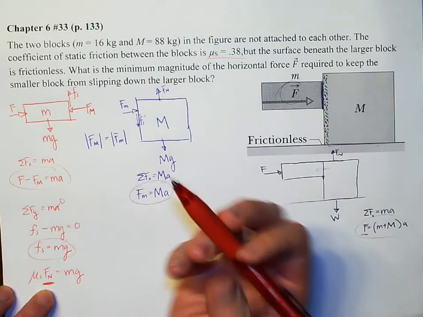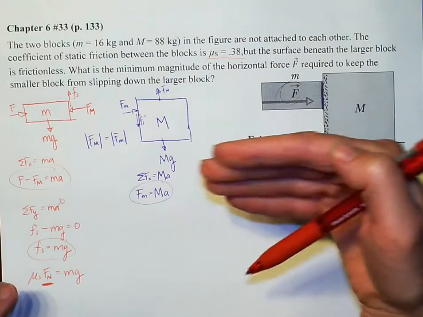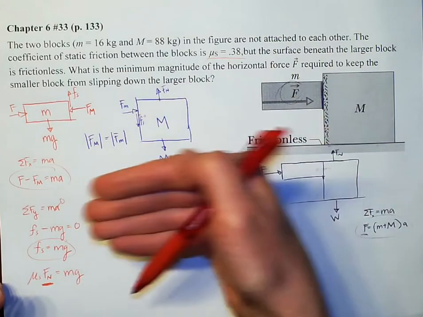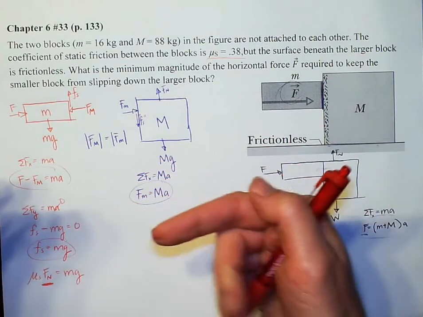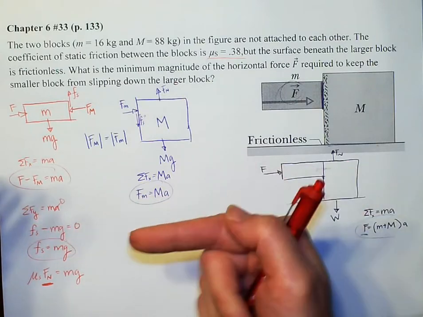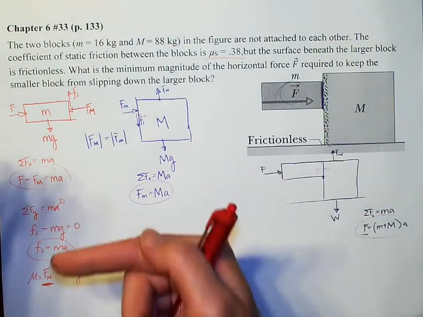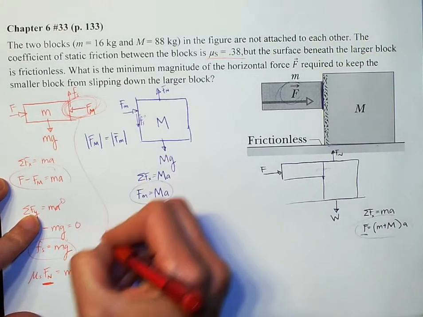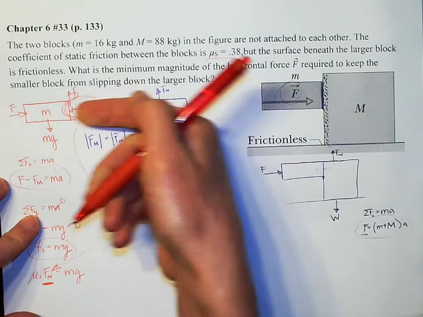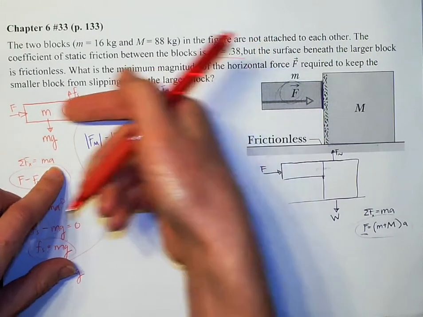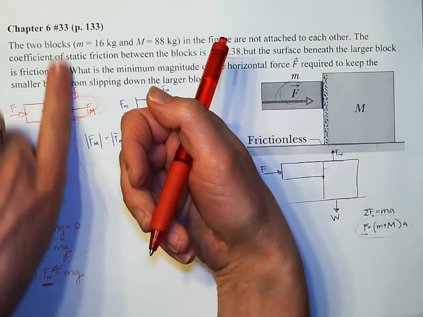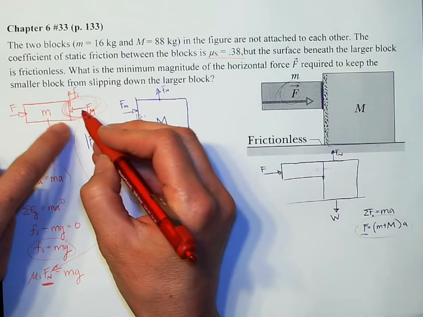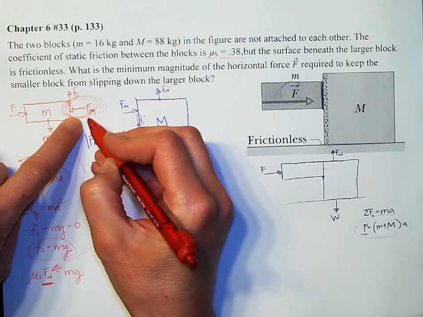And the answer is no, because remember, normal force is the force from where a surface is pushing back onto the object. So in this case, my Fm is the normal force, because this is the force that is pushing on the surface to which my friction is perpendicular. And so this is my normal force.